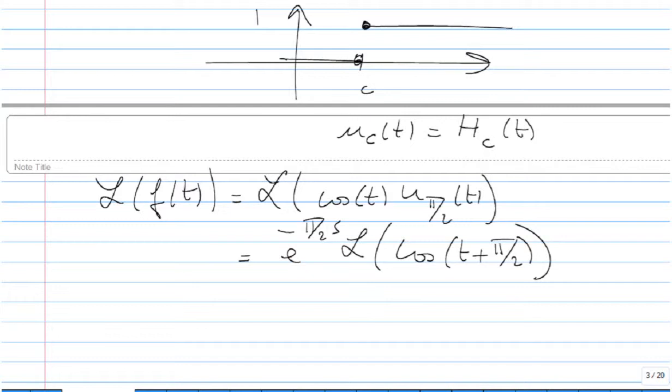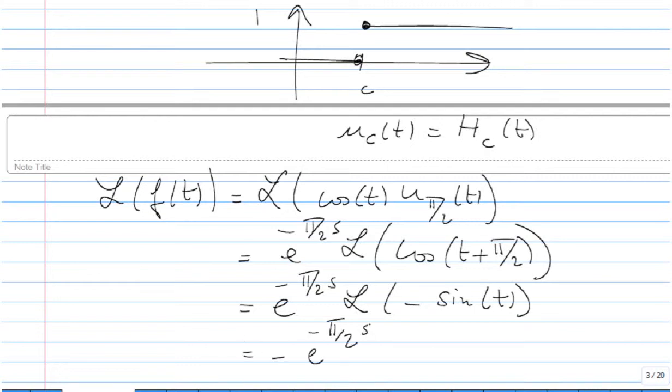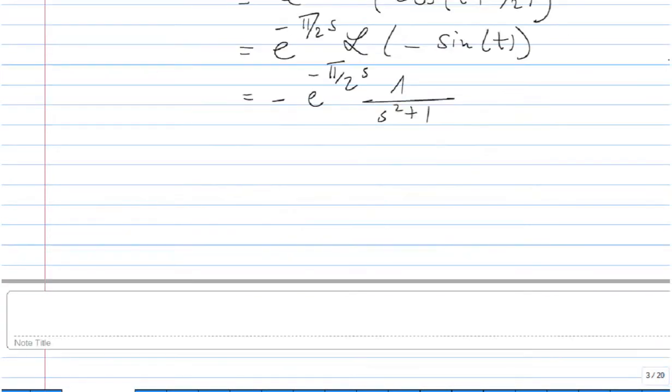And for that, we use trigonometry, and that's minus sine t. So this will be e to the minus pi over 2 s, Laplace of minus sine t. We take the minus out, and the Laplace of sine t is 1 over s squared plus 1.